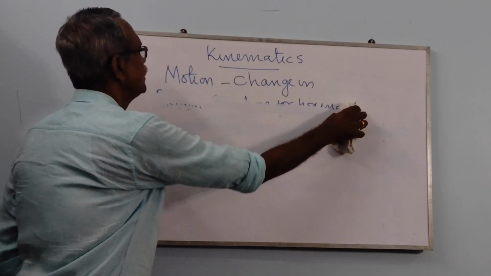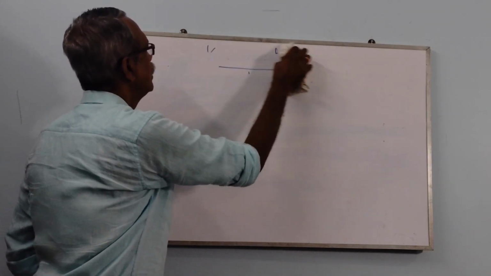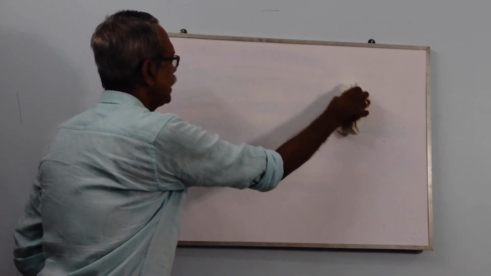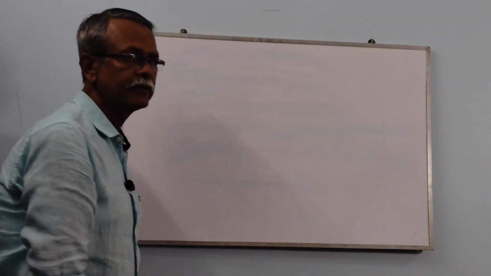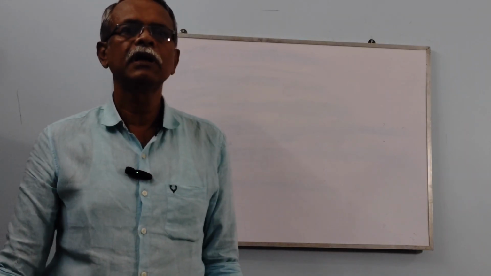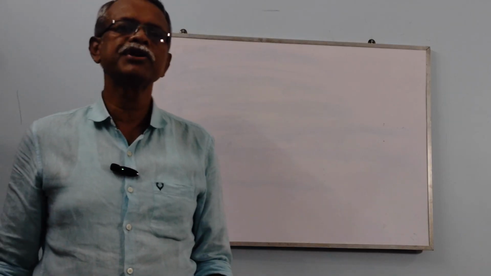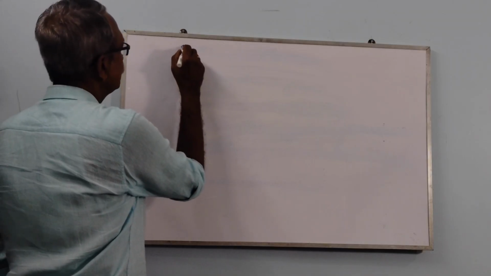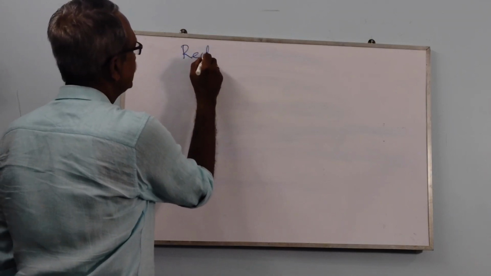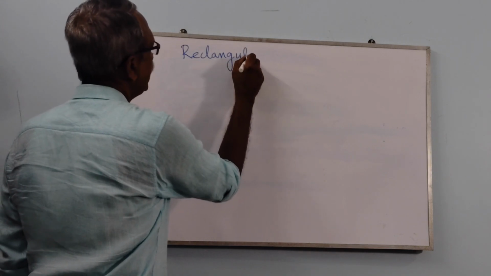These numbers we can take in any way, but in most of the elementary level analysis, we take the rectangular Cartesian coordinate system. Rectangular means the axes are mutually perpendicular.